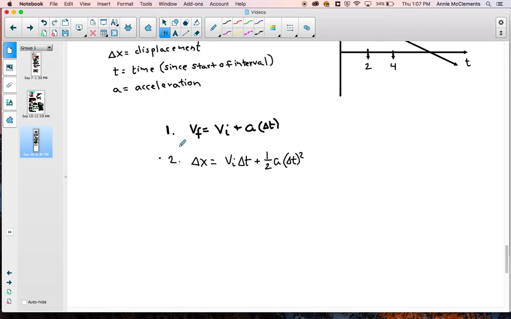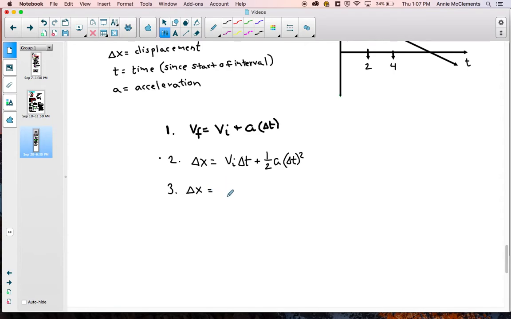So we've walked through these two, pretty clear with what's going on here. The third kinematic equation, I'm not going to show you how to derive this one, but it should be in your notes, and you can use it on word problems. You may have to memorize it. It could be helpful for tests and quizzes and things like that.